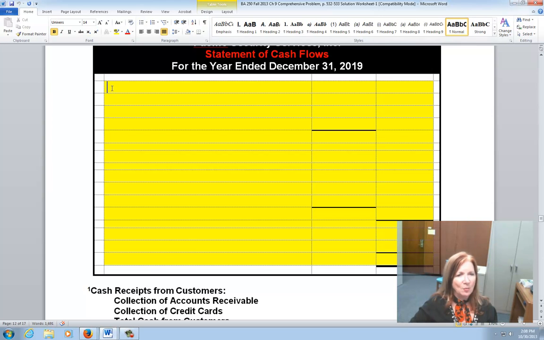and here we have it. This should look much bigger for you. And we're going to start out, because this says cash flows from operating activities, followed by a colon.